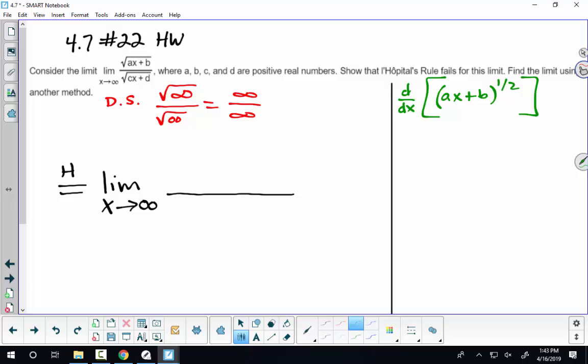So what's the derivative of (ax plus b) to the 1/2? Is that it? No, it's times a, times the derivative of the inside function. Derivative of ax is a, derivative of b is 0 because it's a constant.